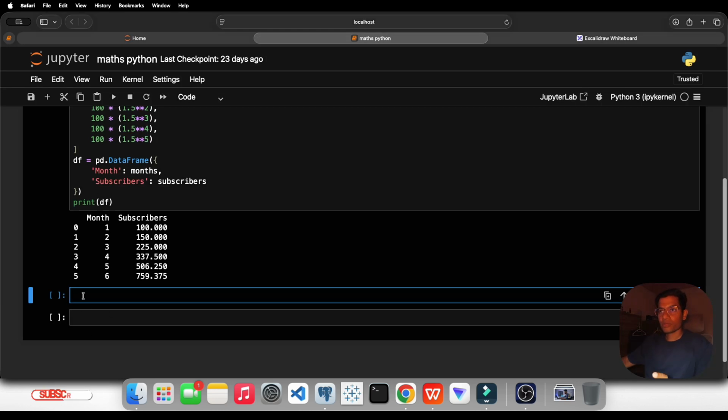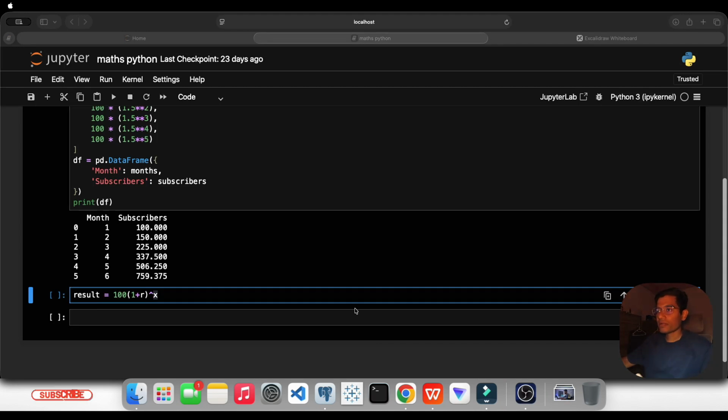So the final value I will write as result, then I will write the initial value. After that, I have written 1 plus r, then to the power x. Like this, the formula. I will change these things so that it is easy for you to understand.